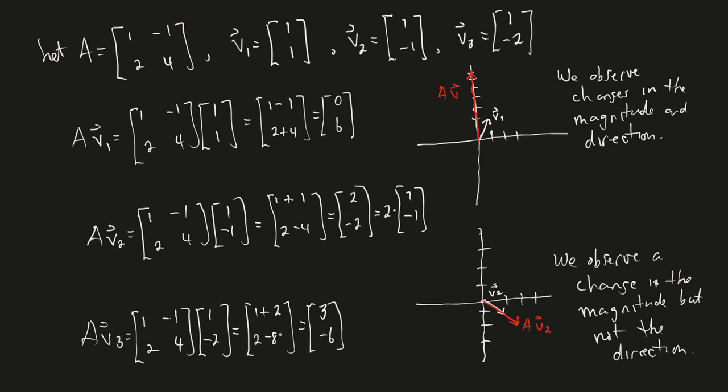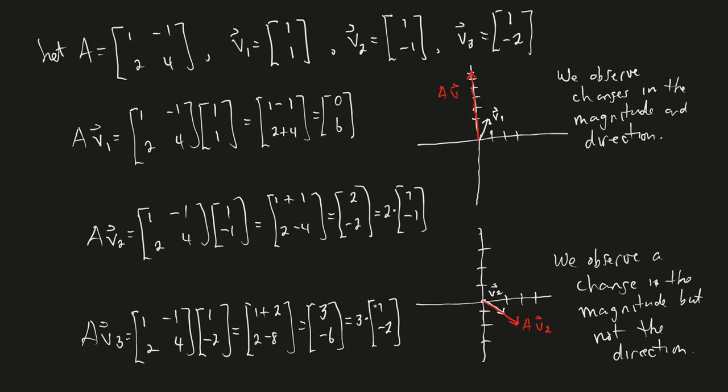Now look at it this way. This 3, negative 6 is 3 times our original vector, 1, negative 2. So again, we see that with this vector, which is different from our previous one, we observe a similar relationship, right?